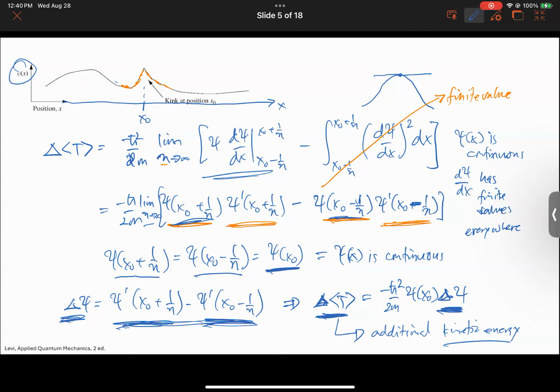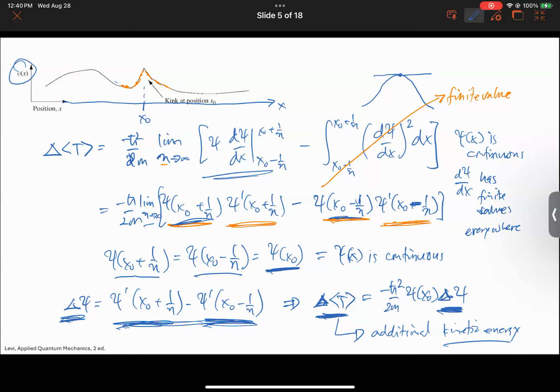And kailan ba sa classical physics tayo nagdaragdag ng kinetic energy? Okay? Walang chance na gano'n. We only do that sa tawag dito sa potential energy. Potential energy is arbitrary. Okay? Pwede mong iset yung isang position na may potential na 0 and then you relate everything, you relate the potential of everything else from that reference position. Pero sa kinetic energy at a particular position, may value na talaga yung kinetic energy niyan and you don't add anything else to that. Wala kang nilalagay na arbitrary value.